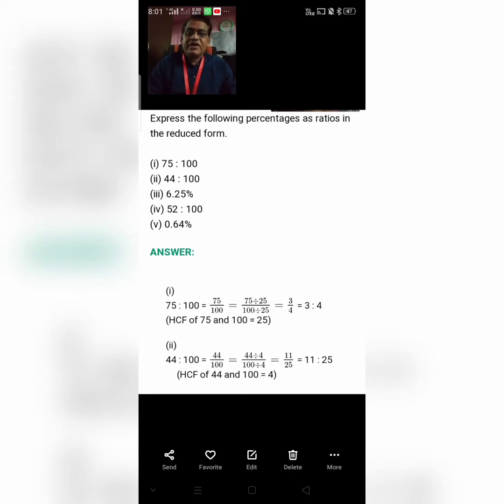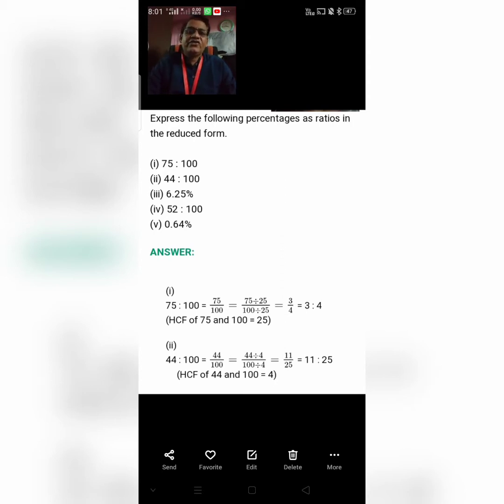Now what is percentage here? Percentage means if in any ratio the denominator is 100, meaning the second quantity is 100, then that ratio is called a percentage ratio. In question number 3, all five given ratios have their second quantity as 100.